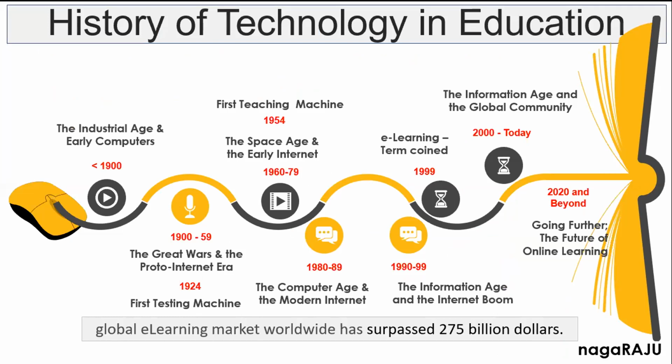I already told you. It has not been a very long time in history, but it has been a dramatic development. In a matter of 1.5 centuries or 2 centuries, the whole course of education and technology in education has undergone a mighty dramatic transformation.